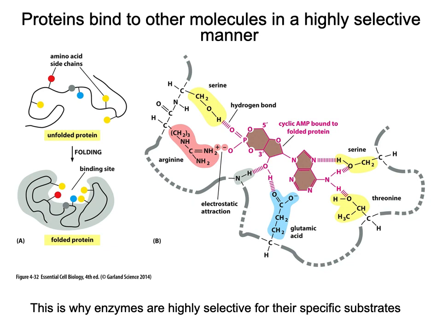Proteins can also bind other molecules, and they do this in a highly selective manner because those exposed side groups can only bind certain molecules. What we're seeing here are the side groups that are depicted by these yellow, red, and blue dots.